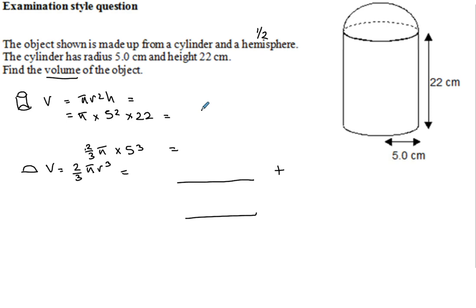When you go on your calculator, you get 1727.9 and 261.8, and you add them and you get 1989.7, and we'll just make it 1990 centimeter cubed to 3 significant figures.